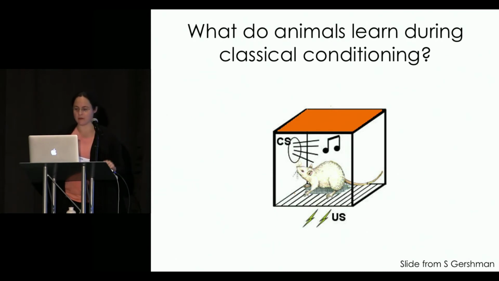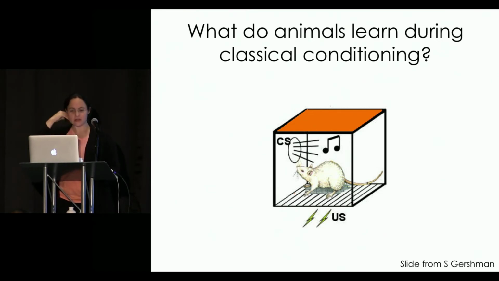So I think everybody's familiar with classical conditioning, which is the fact that an animal might be trained to hear a conditioned stimulus and then receive a shock. And after a few training trials, the animal will freeze in preparation for the shock, showing that they've learned to predict the outcome that's the unconditioned stimulus that's associated to this conditioned stimulus.